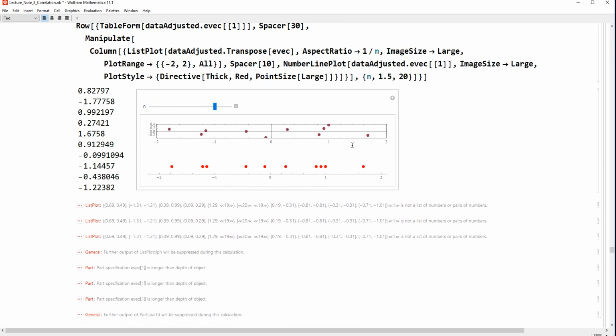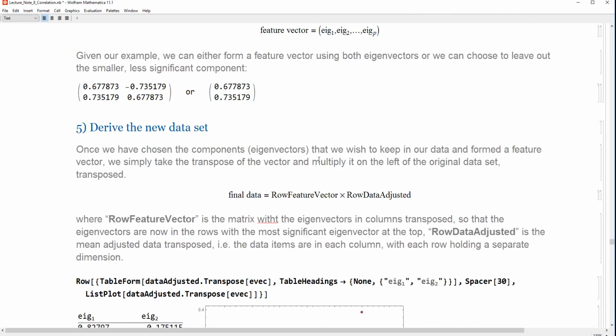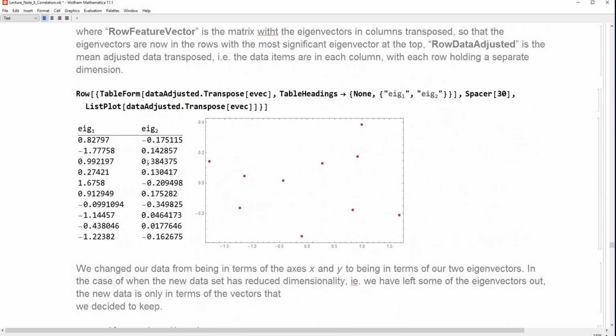So I can get rid of a number of dimensions, and that's what this is used for: reducing the dimensionality of your data. In our case, we could say, okay, let's throw away our second transformed y coordinate. We don't need it anymore.